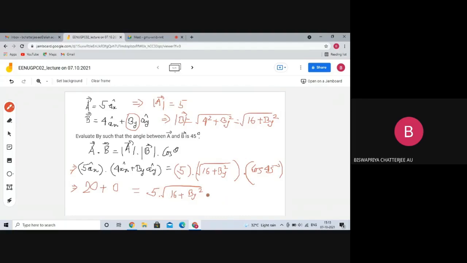Let me solve. And cos 45 is 1 by root 2. So if you square both sides, the left hand side becomes 400. This 1 by root 2 becomes 1 by 2, so it will be 2 by 25... by 25, that will be 16 plus by square.